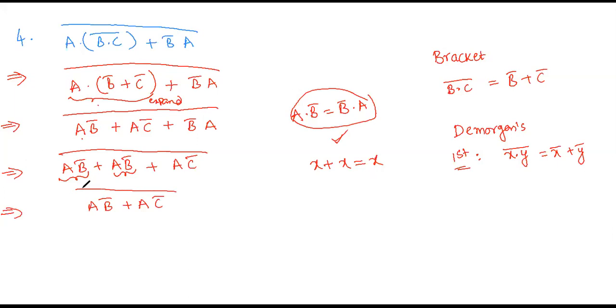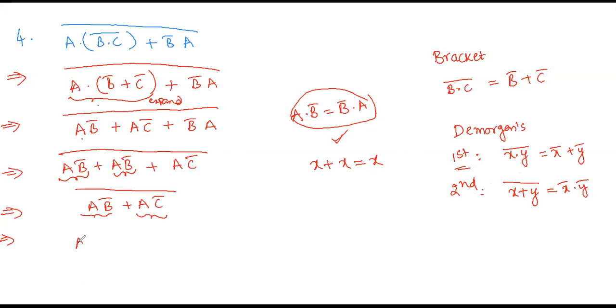Now again apply De Morgan's second law. What does the second law indicate? The sum complement is equal to the product of individual complements. So consider this is x, this is y.